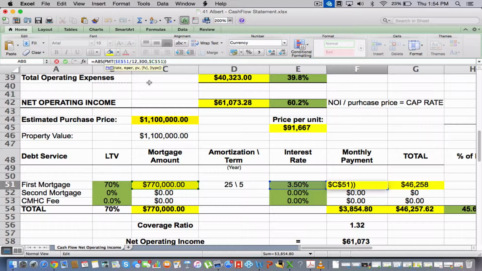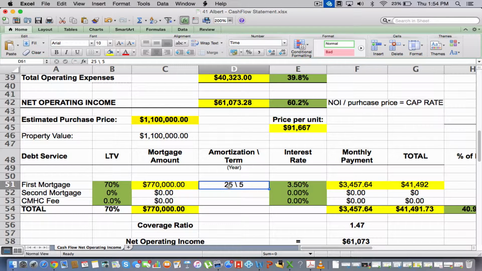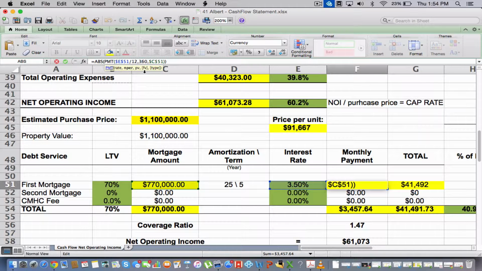To change it to 30-year amortization, we need to add another 60 months because it's an extra 5 years in amortization. So you change that to 360, and that'll calculate a 30-year amortization. This property we're calculating at 25-year amortization, so we have to make sure this number is 300.